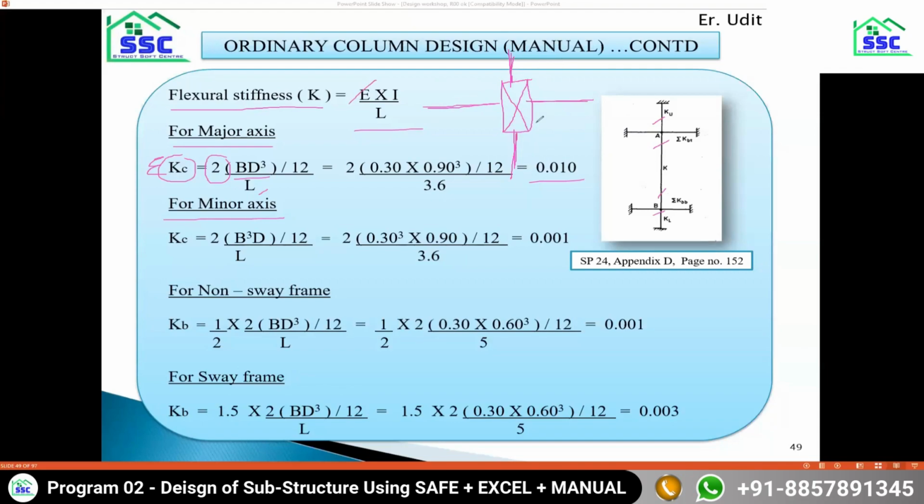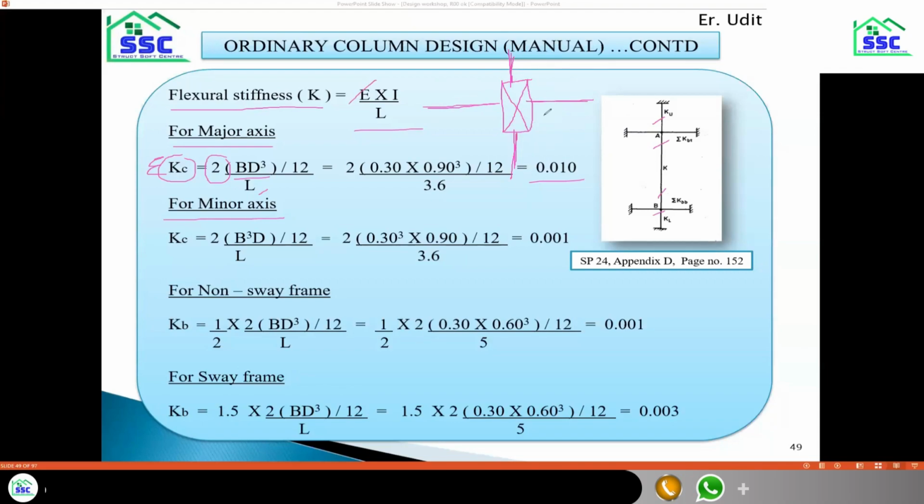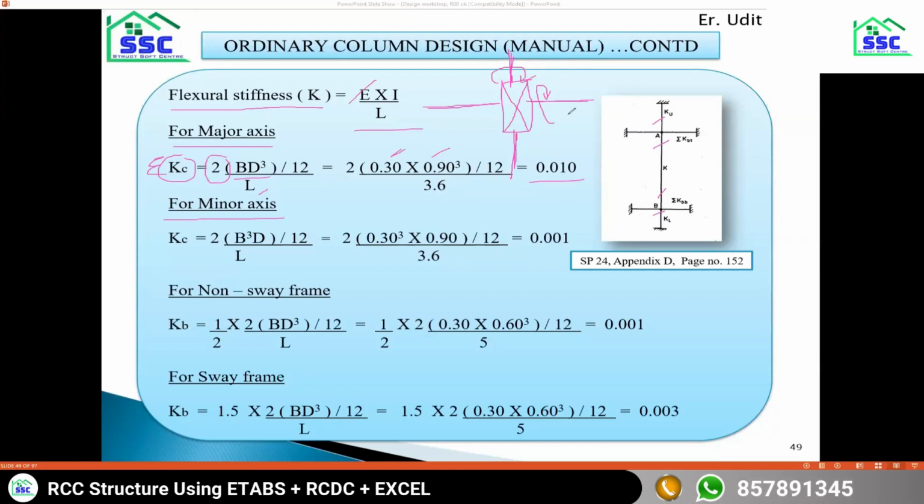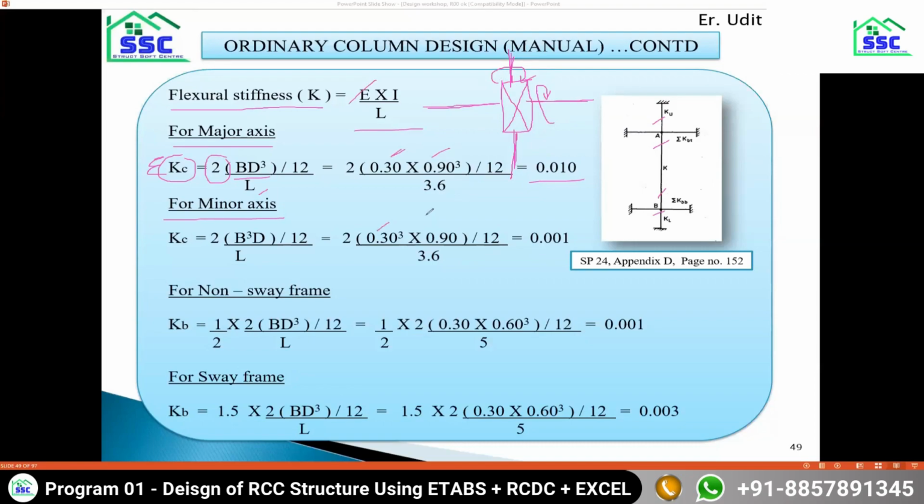Now, when I am calculating the flexural stiffness around the major axis of the column, for the bending moment along the major axis, it is 0.3 into 0.9 cube divided by 12, right? And when I am calculating it for the minor axis of the column, for bending moment in this direction, it is 0.3 cube into 0.9 divided by 12, and that value comes out to be 0.001.